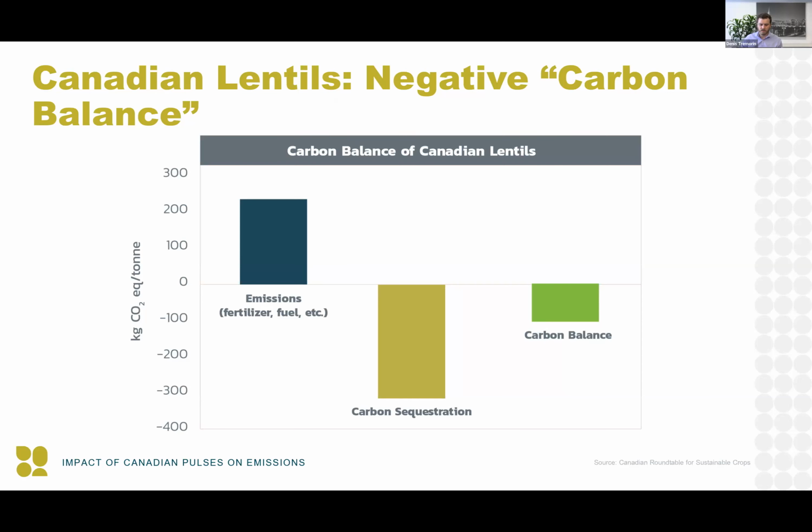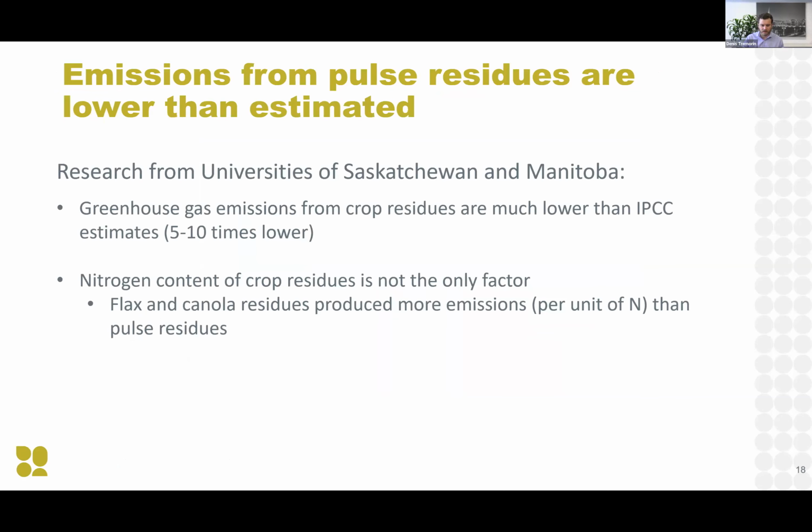So this all depends on how these things are modeled. This was a study done by the Canadian Roundtable for Sustainable Crops. The report was representing lentils, but you could say the same for peas in Western Canada. This is a good news story for pulses, and they really have a contribution to that rotation. That's what I'm going to go to next in the next few slides.